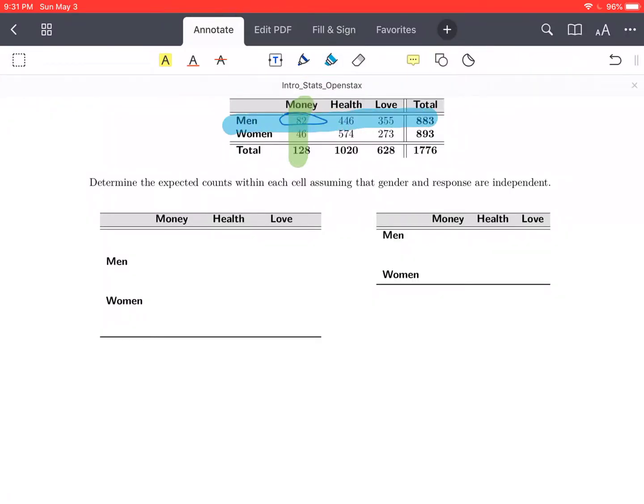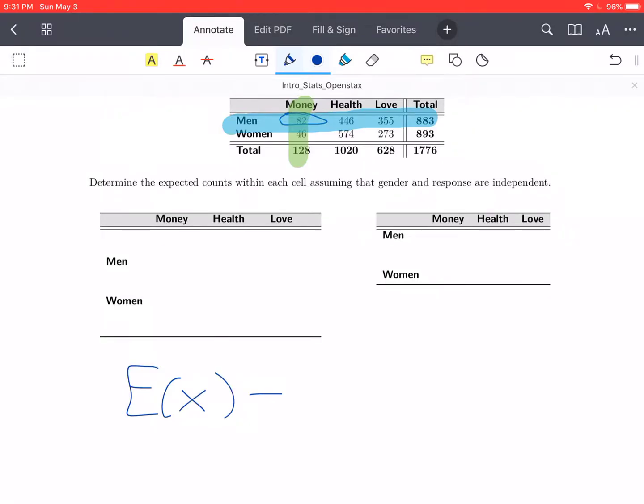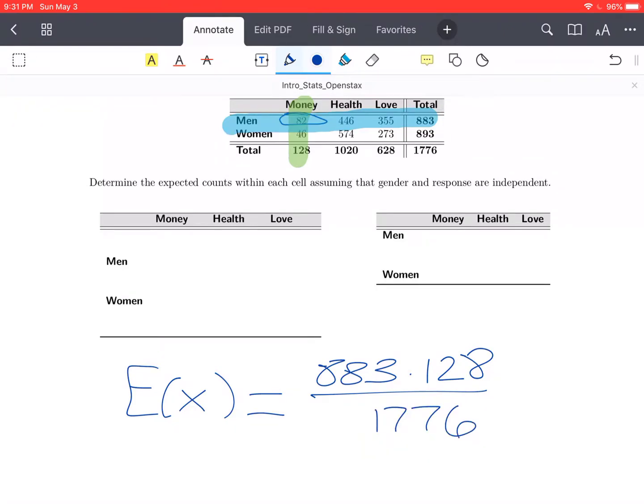To get the expected frequency, this is going to be row total, which is 883, times column total, which is 128, over table total, which is 1776.